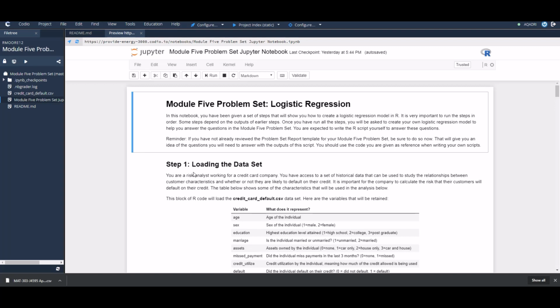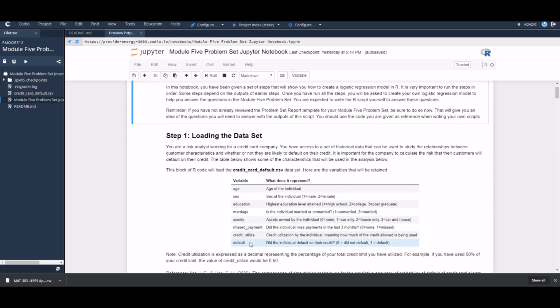So clearly, default is going to be a binary variable. You will see in the table here we have the default variable, and 0 means that the person did not default, and 1 means that they defaulted.